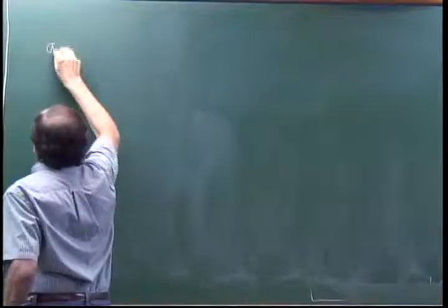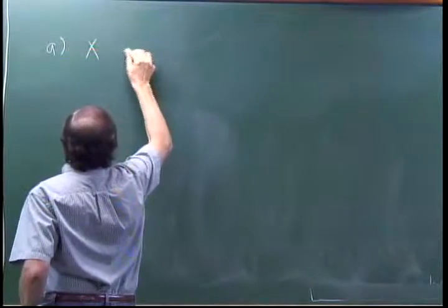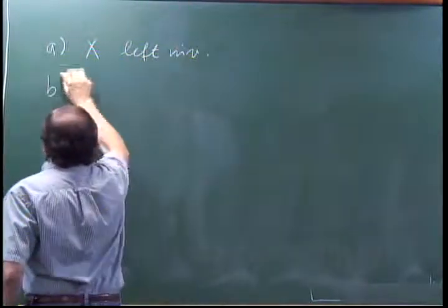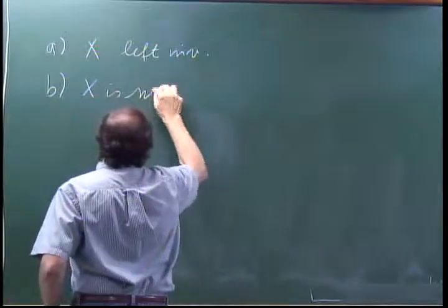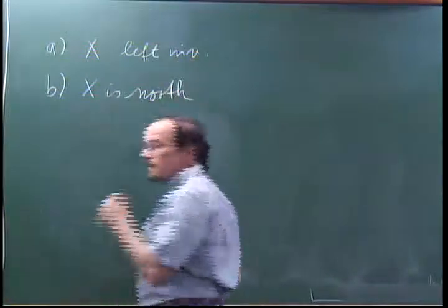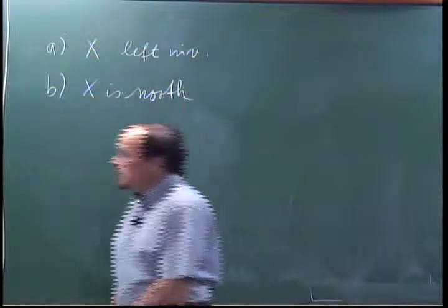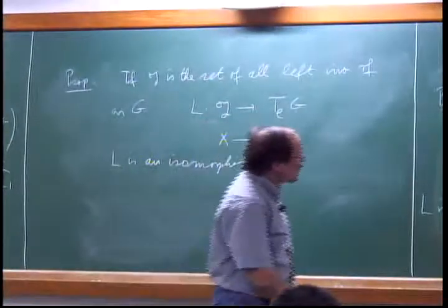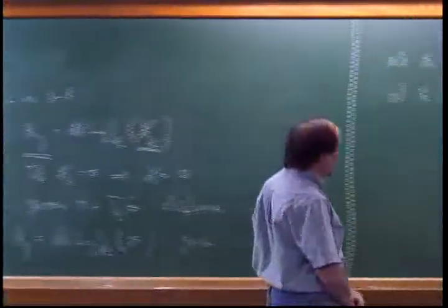So A is X is left invariant, and B is X is smooth as a vector field. I want this to be a smooth vector field on G. So part A is easy.